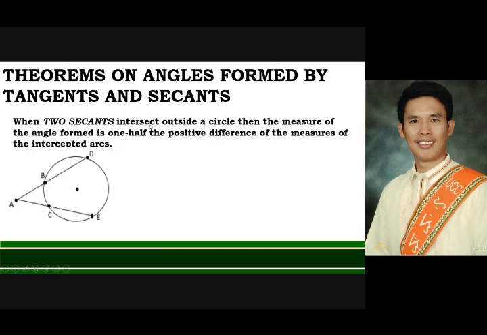Meron tayong secant line. Yung secant line natin, this is connected to your exterior point. Meron tayong secant lines na nag-meet sa iisang exterior point.